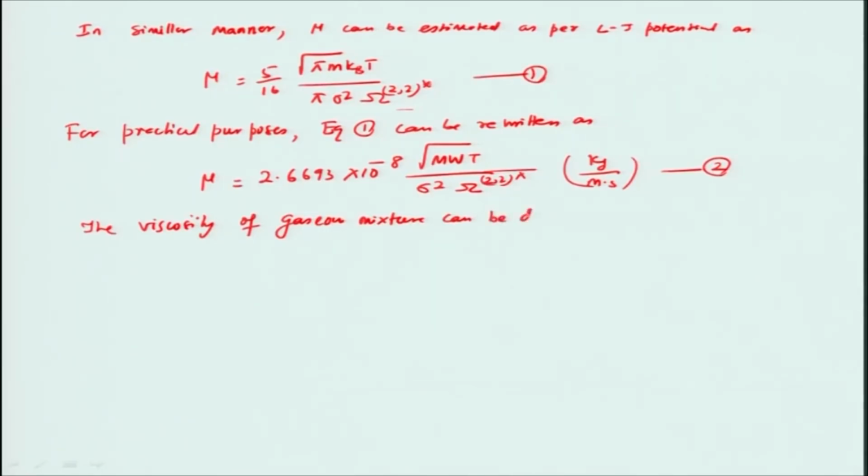It can be determined as mu of mixture equals the sum over i equal to 1 to Ns, where Ns is the number of species, of mu_i divided by 1 plus sigma x_j over x_i phi_ij, and j is not equal to i.